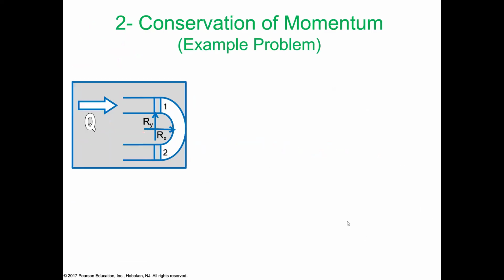So I will start writing the x's. Rho Q (V2x minus V1x). I don't need you to mention it, but if you write it, that's even better. Which direction are you considering as positive?